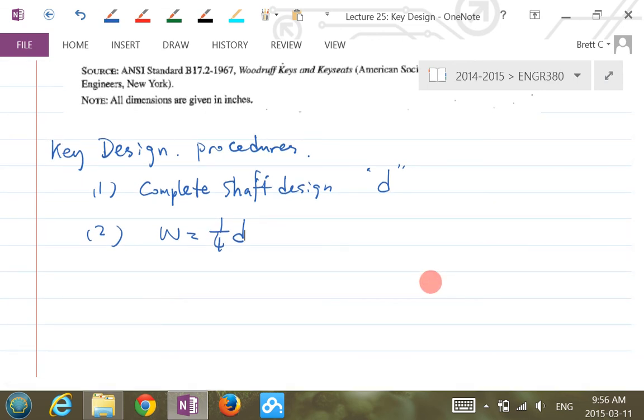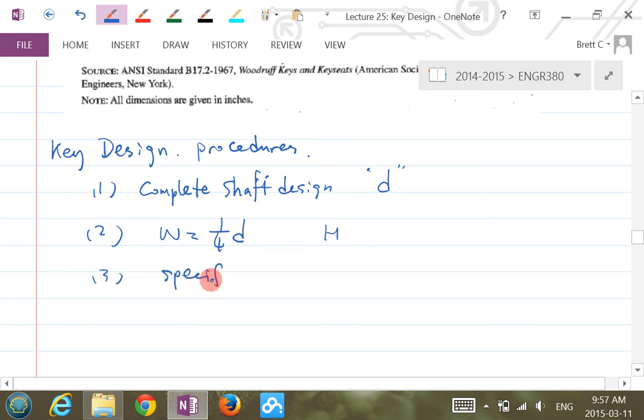Once you have the W, if you design using a square key or a rectangular parallel key, the other parameter H will also be determined. Then you specify the material, based on the material of the shaft and the hub.